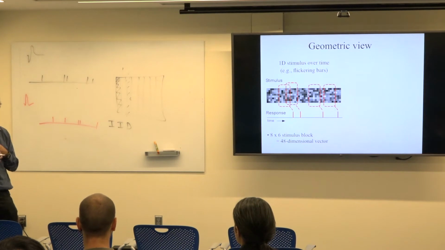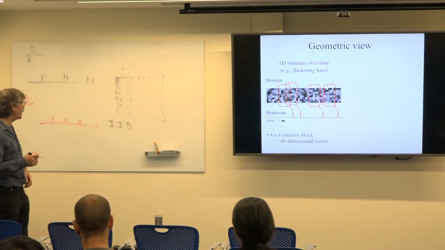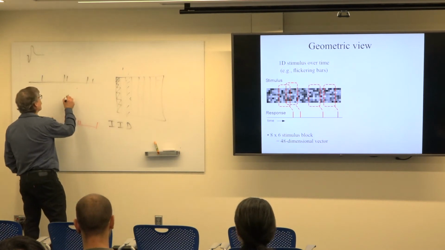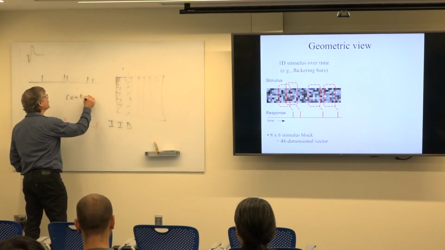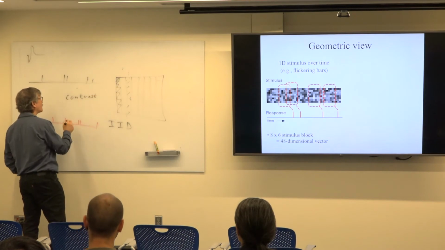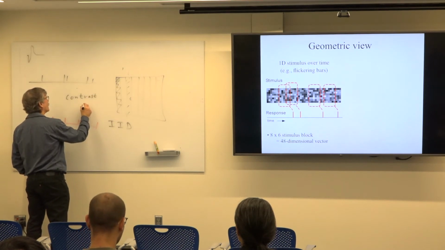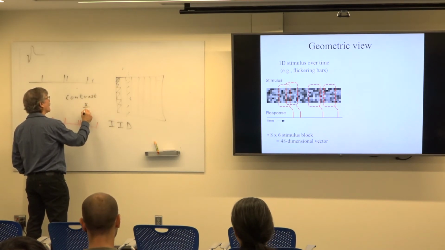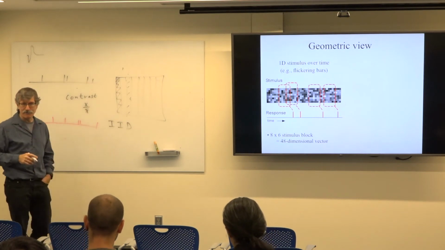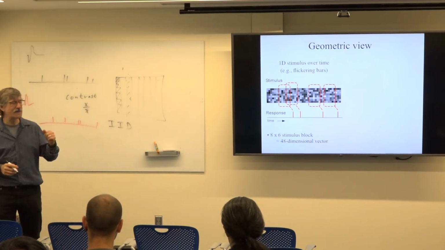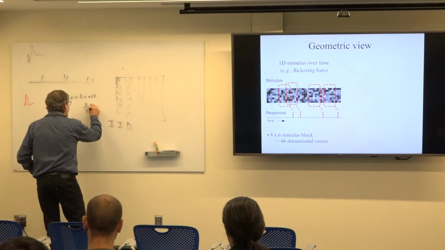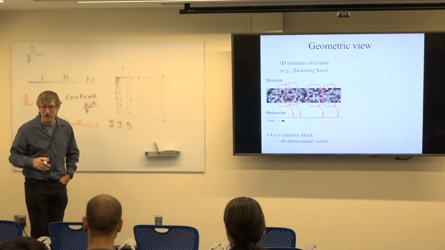And the way we're going to represent this stimulus in numbers is not to say what's the pixel value, a number from 0 to 255, but rather we're going to say what's the contrast. So in vision science, we generally refer to things in terms of contrast, and contrast is the value minus the mean value on the screen, divided by the mean value on the screen.